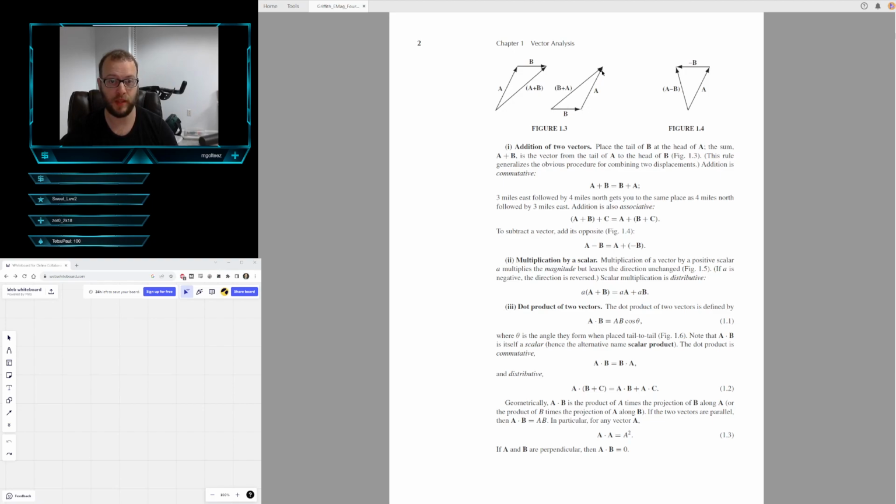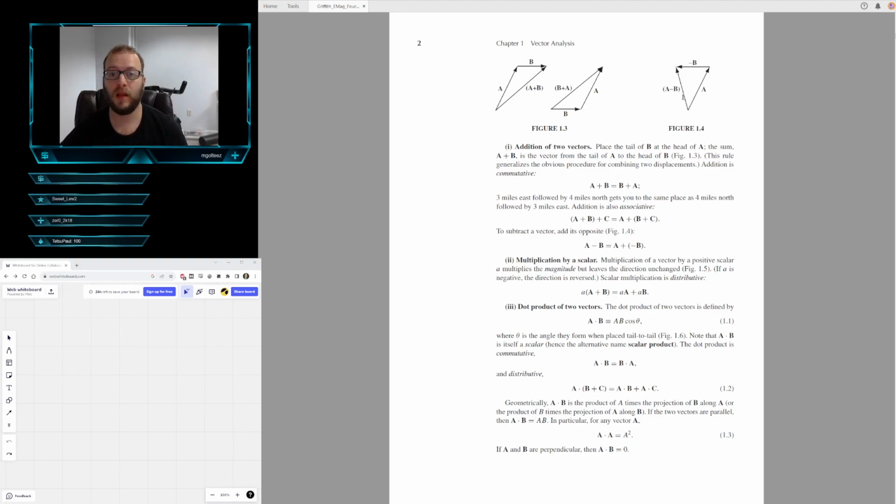You reach the same point, whether you go B first or A first. And that is the first statement, that vector addition is commutative. A plus B is equal to B plus A.